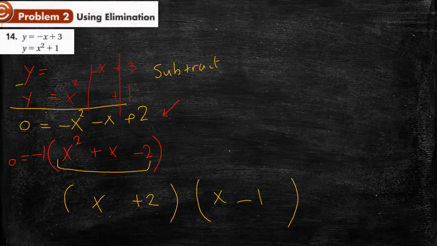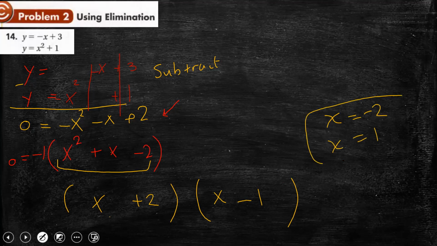What does it mean? It means I have two solutions: x equals negative 2 and x equals 1. At the point where x is negative 2, this value of x works in the linear and the quadratic equation, and at x equals 1 it also works in the first and the second equation.